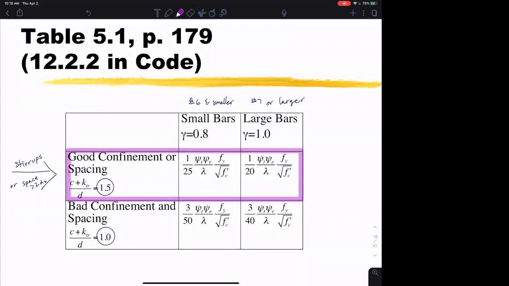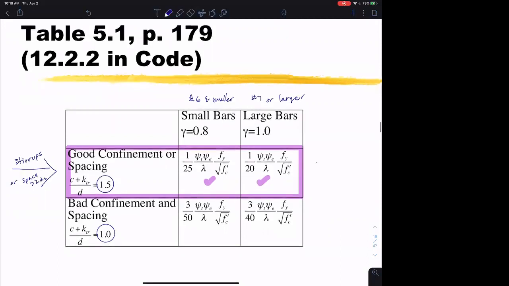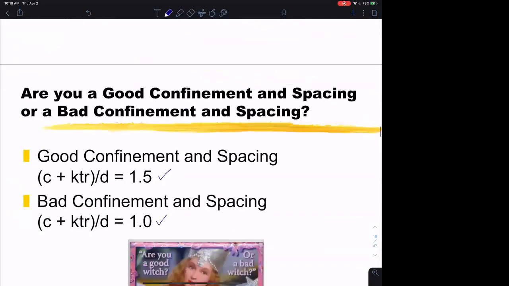And the only choice is you have number 6 bars or number 7 bars, 6 and smaller or 7 and larger, and you'll use these 2 equations. But remember that this is LD over bar diameter. So after you get this number, don't forget you still have to multiply it by the bar diameter.